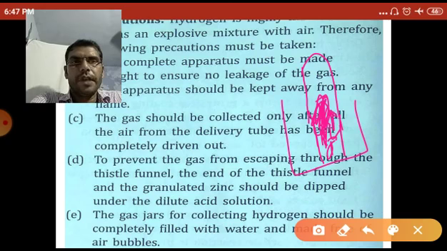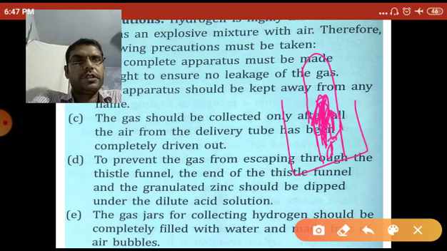So the apparatus should be airtight, and we must ensure no leakage of air. The apparatus should be kept away from any flame, and the air in the delivery tube should be completely driven out.